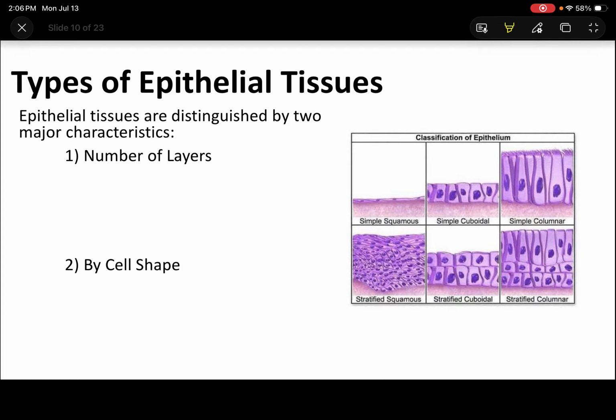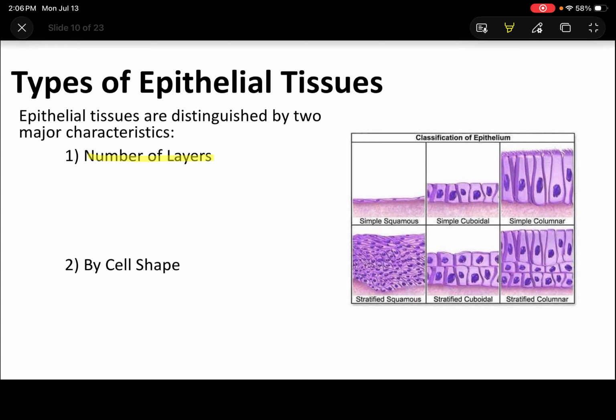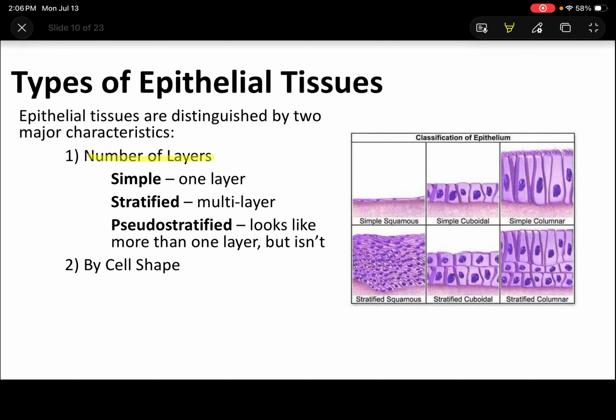There are lots of different types of epithelial tissue, but we distinguish them based on two things. The first is the number of layers. So how many layers of cells do you have? And we base this using three terms. We have simple, stratified, and pseudostratified. So simple epithelial tissue is just one layer of cells.